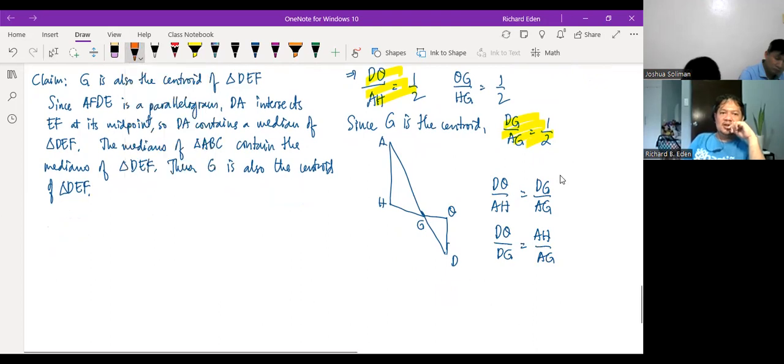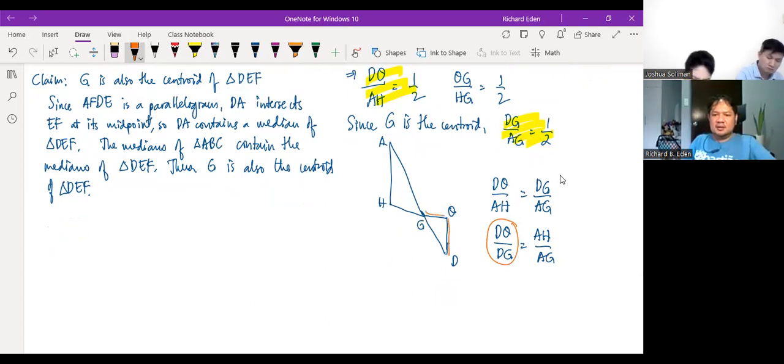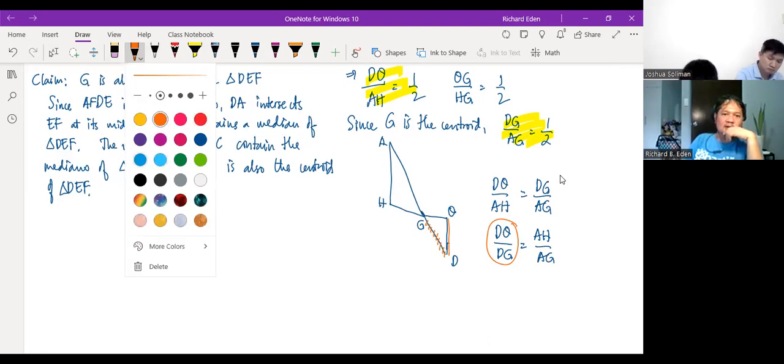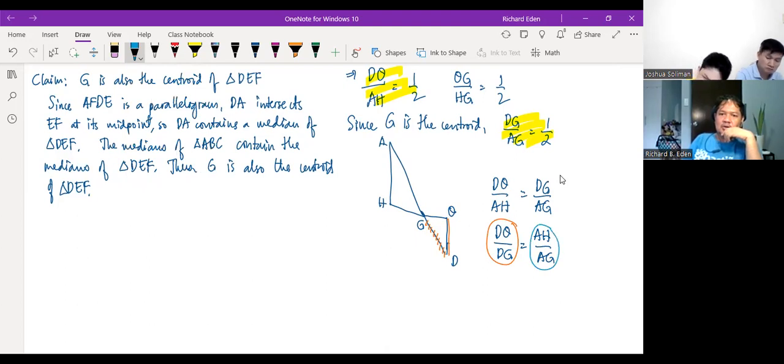Nung DO over DG, it's this ratio, DO over DG. And then the other ratio is ito, AH over AG. So the ratios are equal.